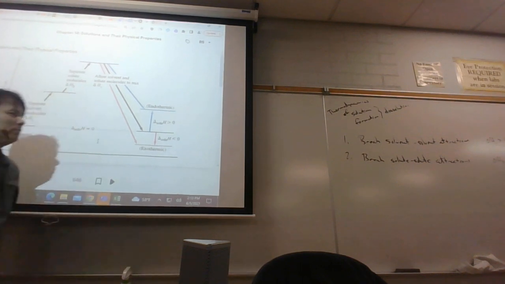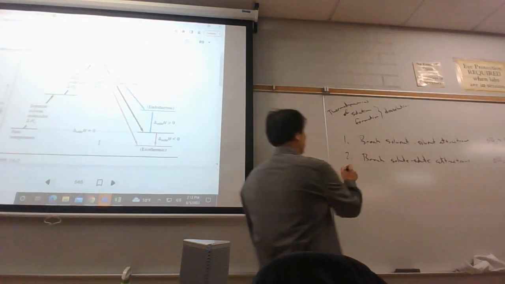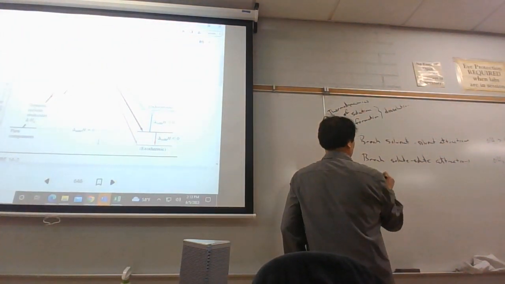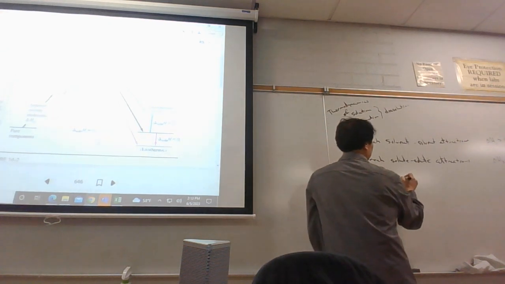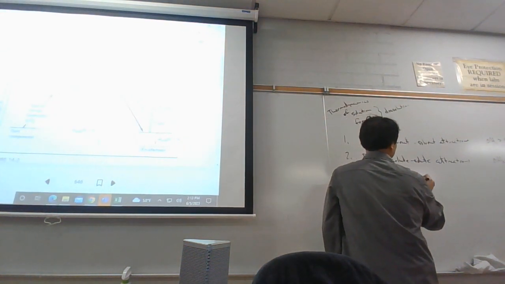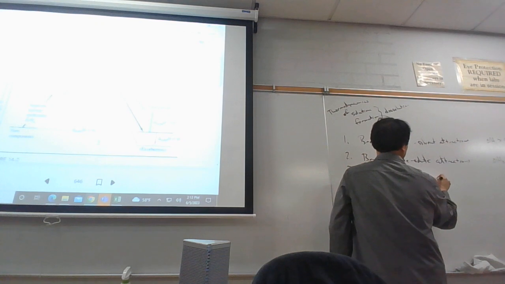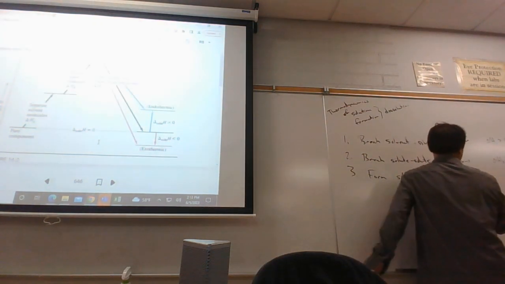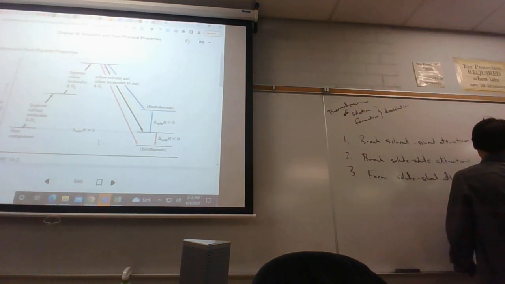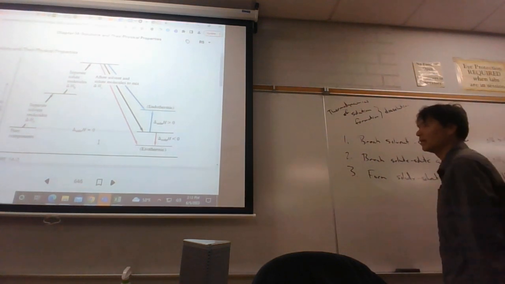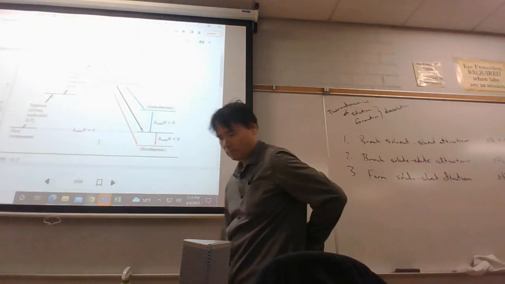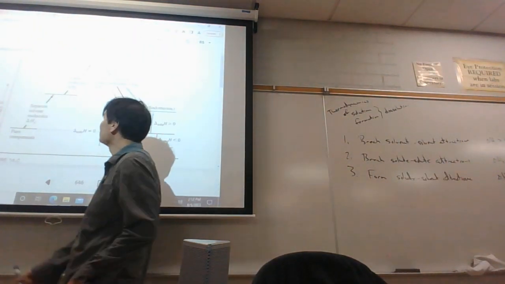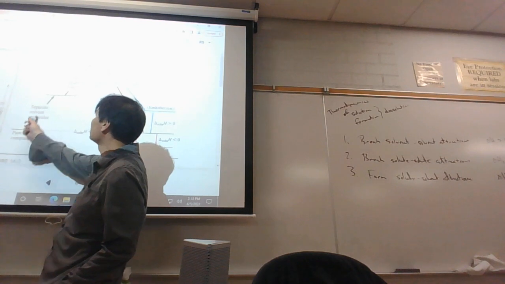And then step 3 is we're going to form solute, solvent attractions. When we form bonds or IMFs, then that's exothermic. And so that should be negative. And so a typical dissolution process is this is going to cost us.